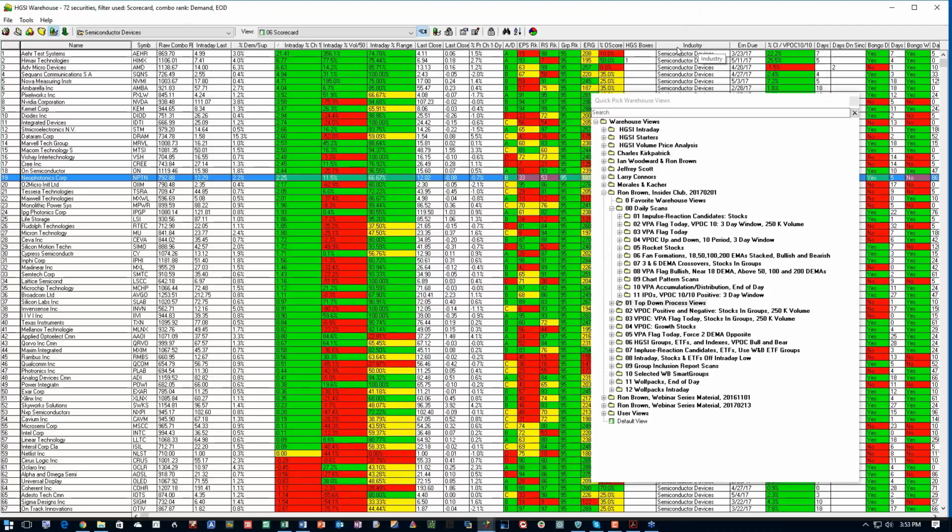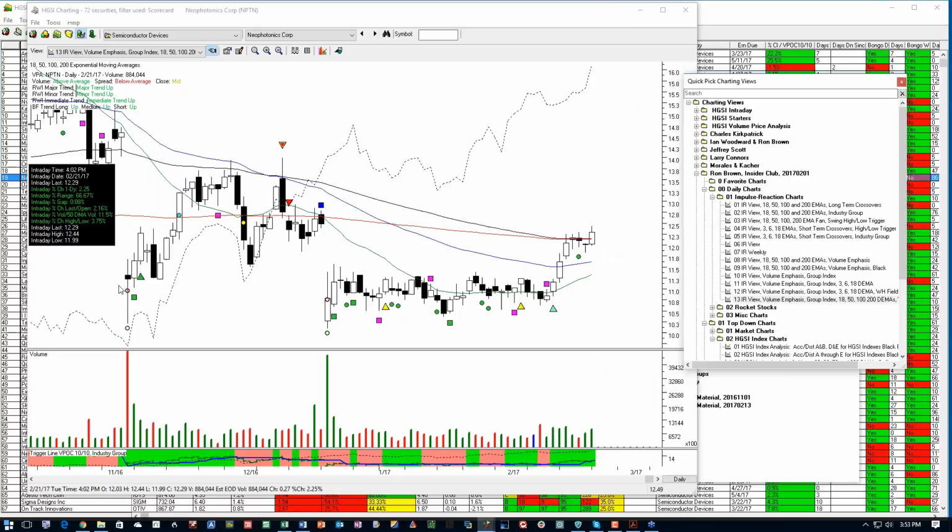Any field that's in here or in the list can also be put into a chart. And the advantage of that is I can get all of this intraday information right over here, and it shows me how much a stock moved, what the volume was compared to the average volume, and so on and so forth. You can put anything in here that you want.